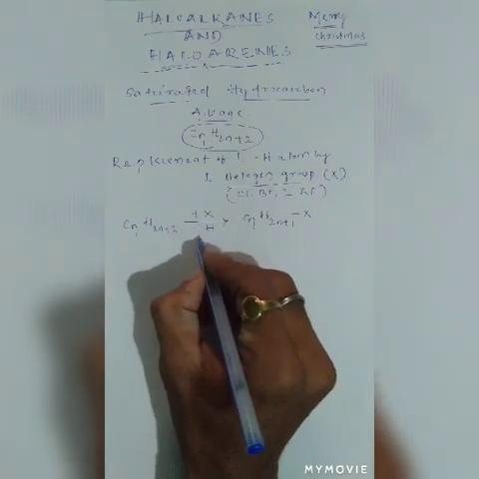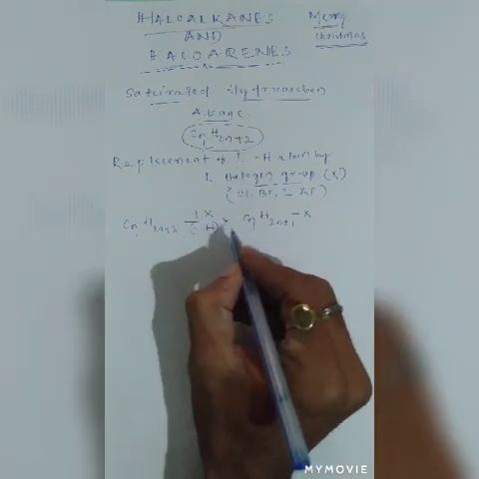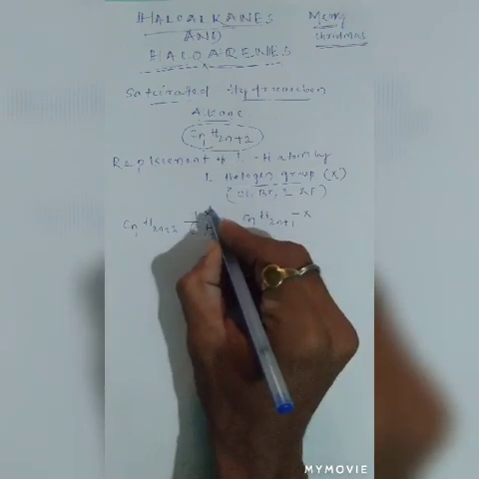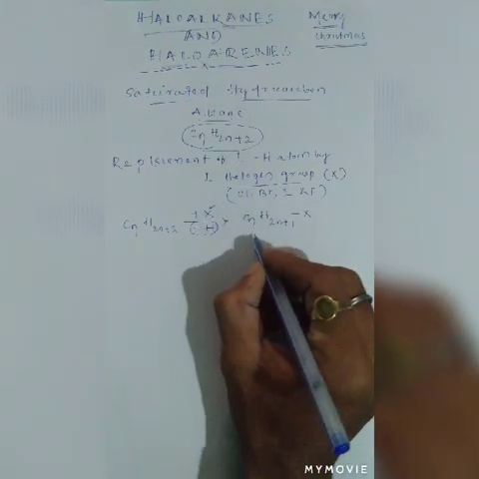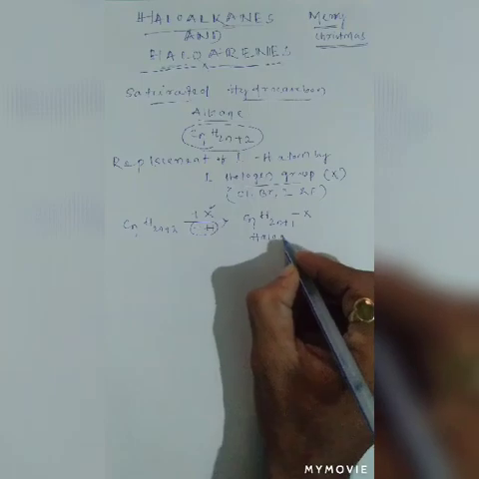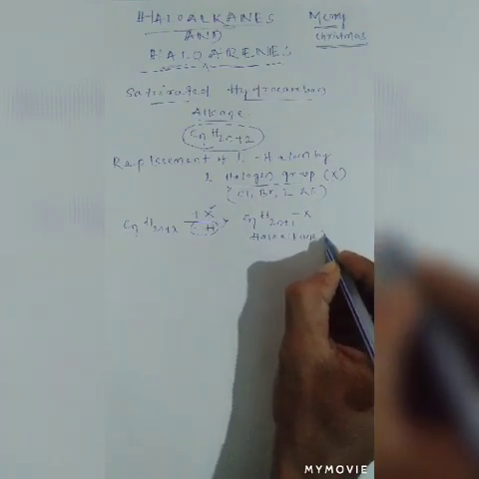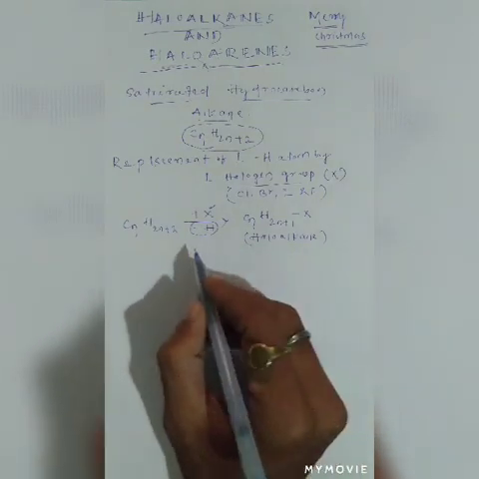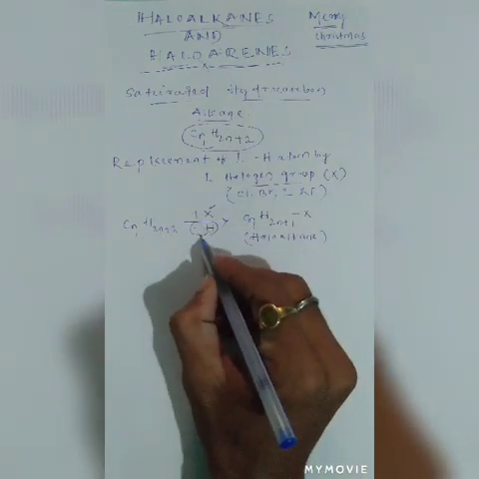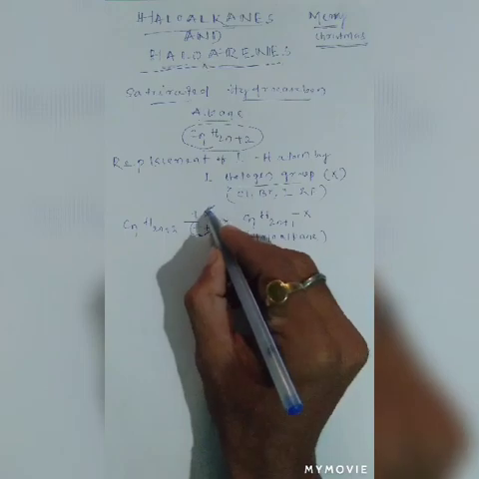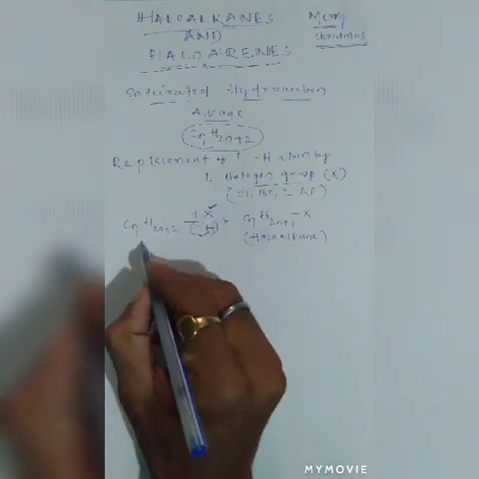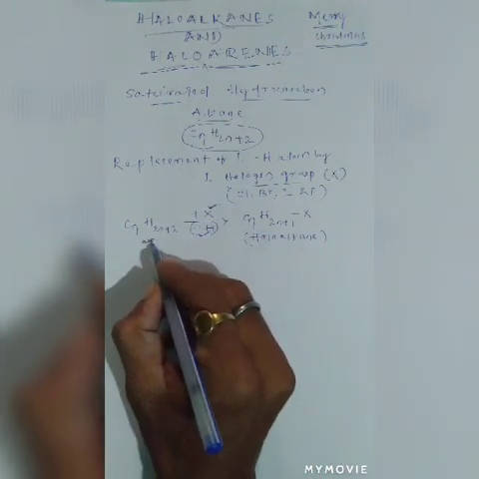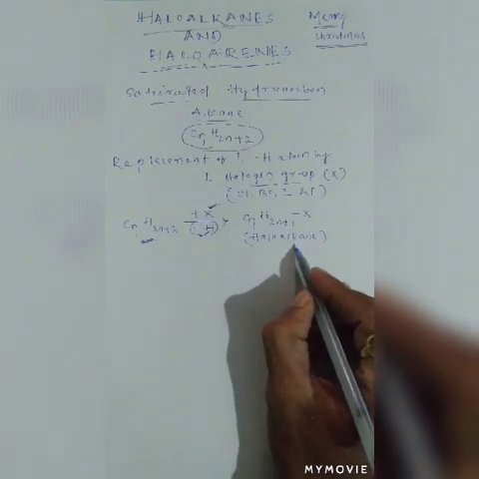By the removal of one hydrogen atom and attaching one halogen group at that place, haloalkane is formed. At that place one halogen group is attached to the hydrocarbon, that is alkane, and haloalkane is formed.